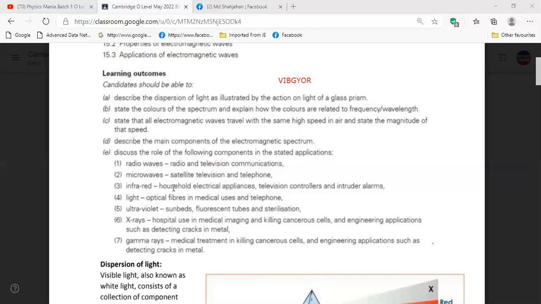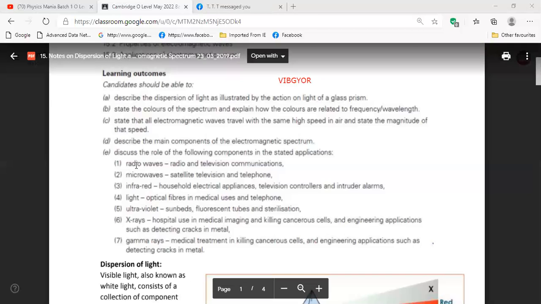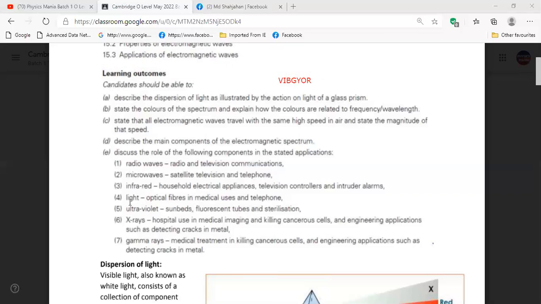So it is a very good resource for you, from where you can learn which electromagnetic wave is used for which purposes. Is it clear? Yes, sir. You should memorize them. These 7 you should memorize. These 7 points. Very important.